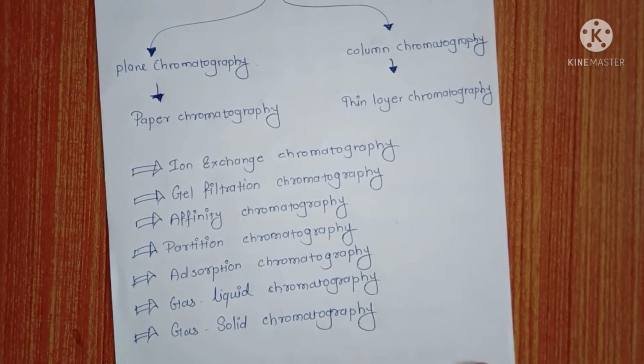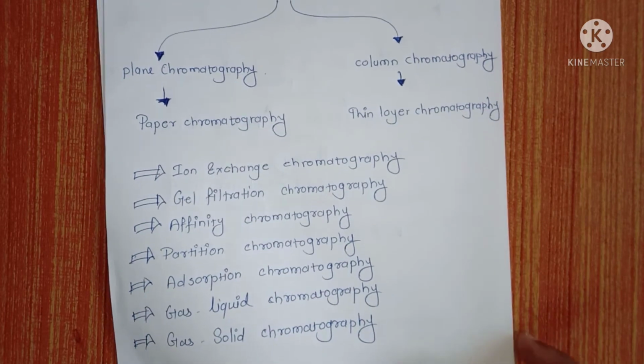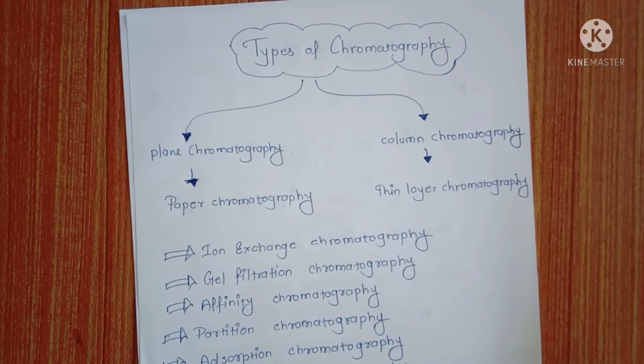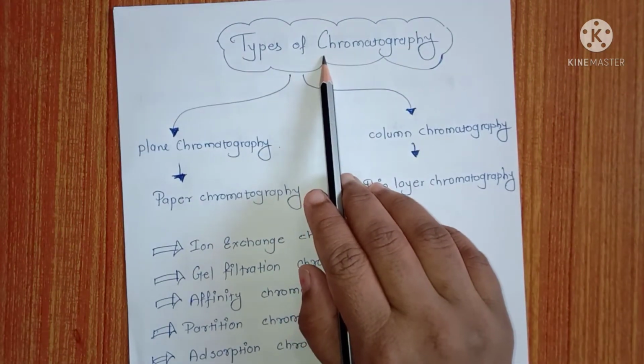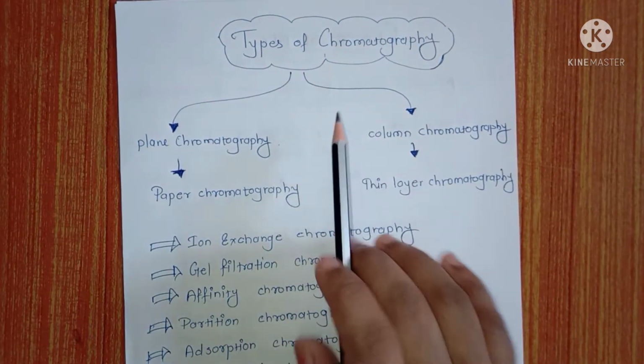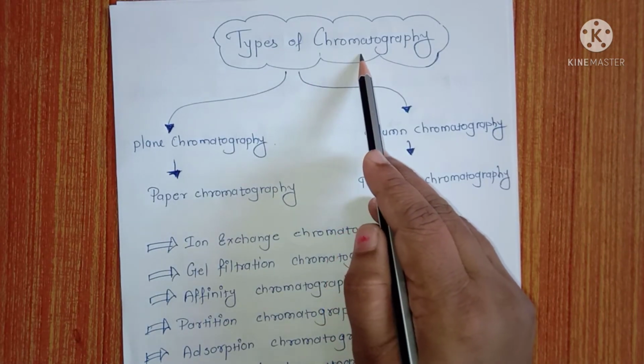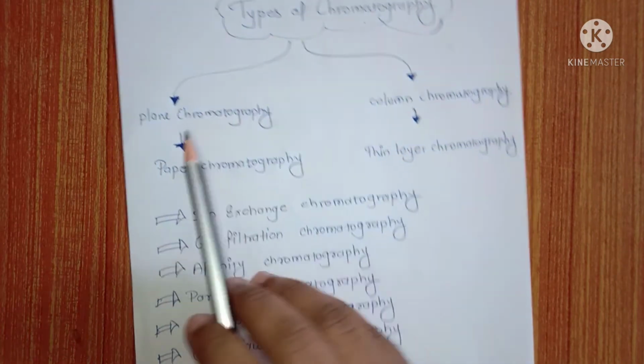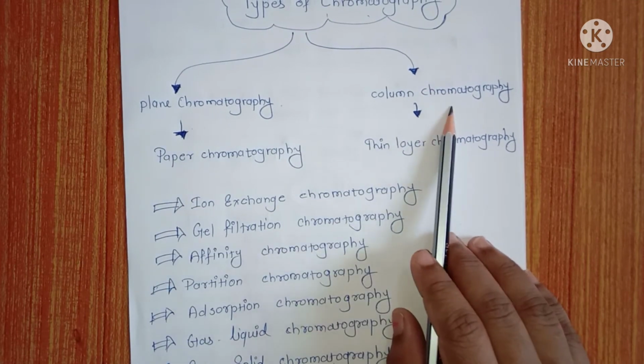The next point is the types of chromatography. Depending upon the stationary phase and the mobile phase, chromatography has several types. That is plain chromatography and column chromatography.